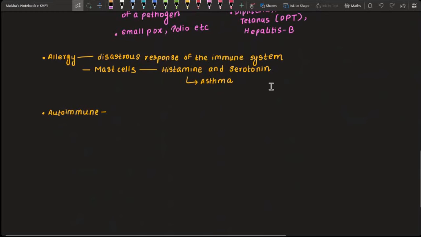Now, sometimes due to any kind of disorder or genetic problem, the body's immune cells are not able to identify or distinguish self from non-self, and they in turn kill the body cells, thinking that these are foreign substances. Examples of such disease include rheumatoid arthritis.